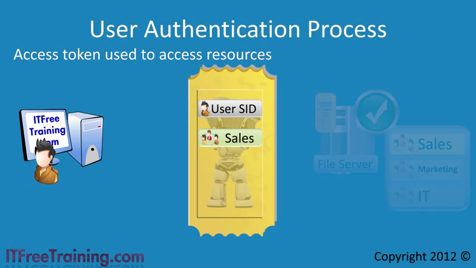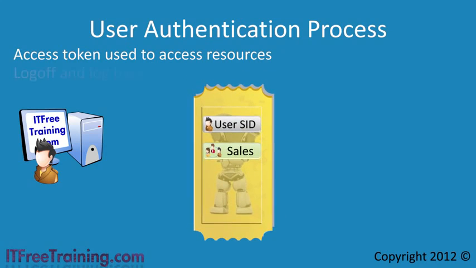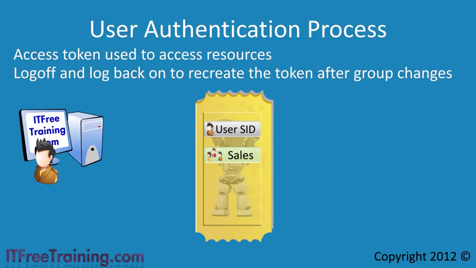The user would not have access to any of the marketing files because the security token does not contain the SID for the marketing group. To fix problems like these, the user simply needs to log off and log back on. When they log back on, a new token will be generated with the new security information.